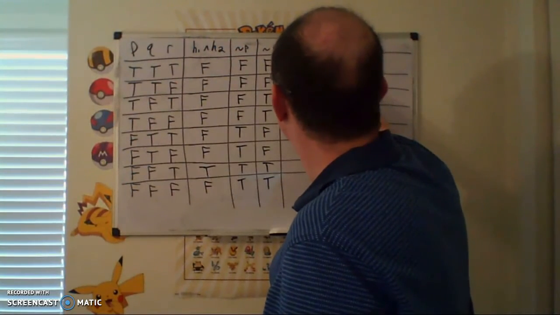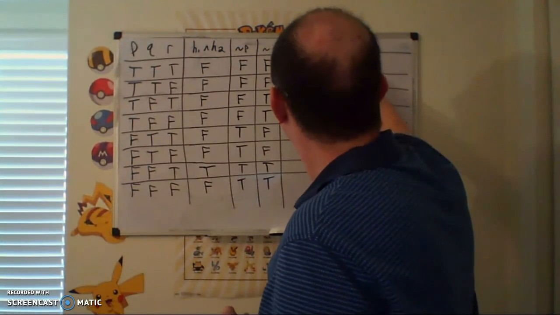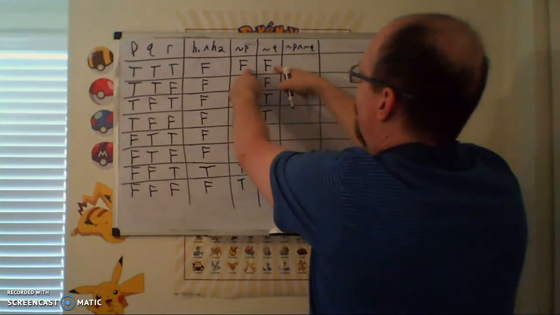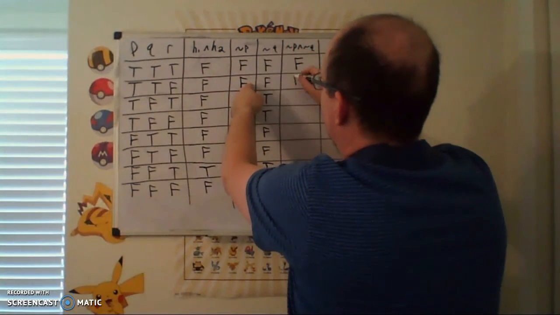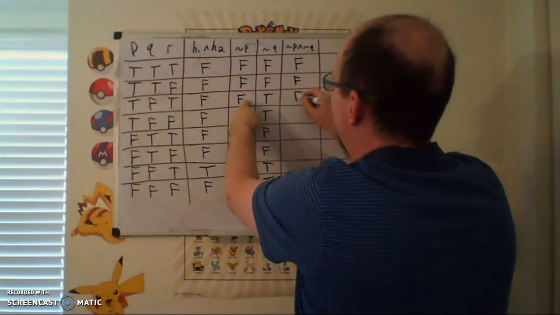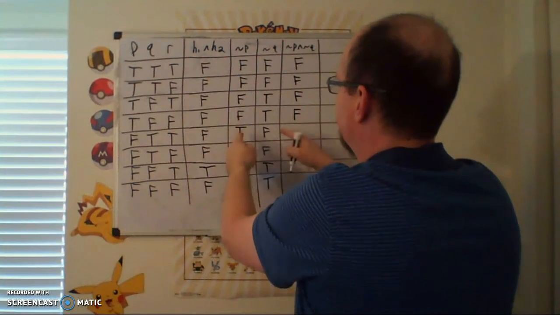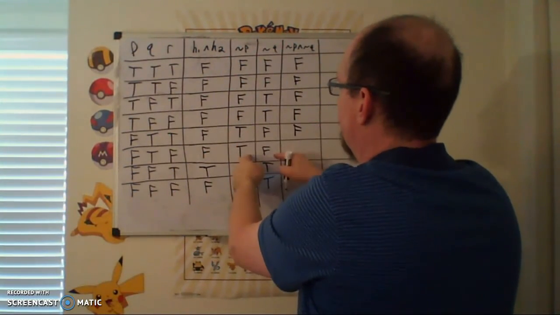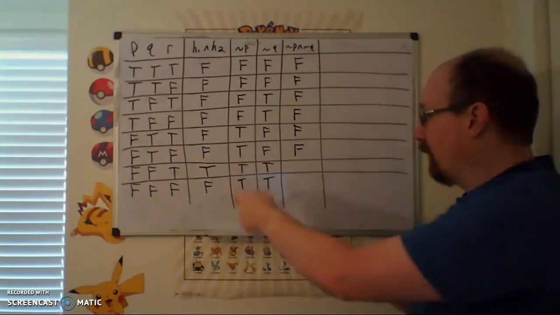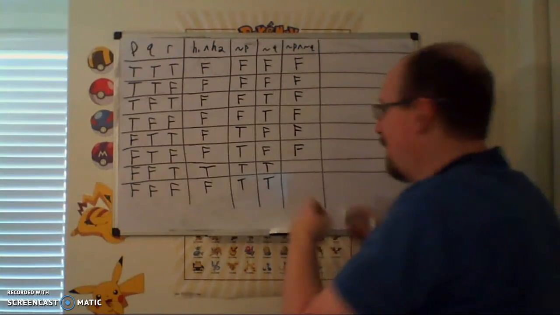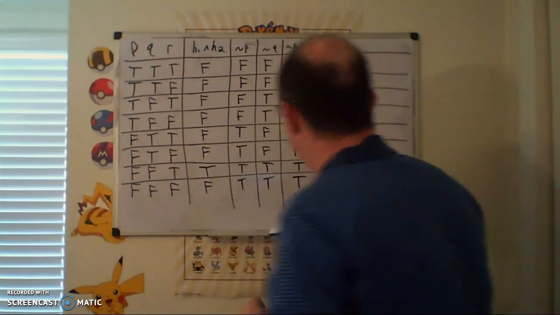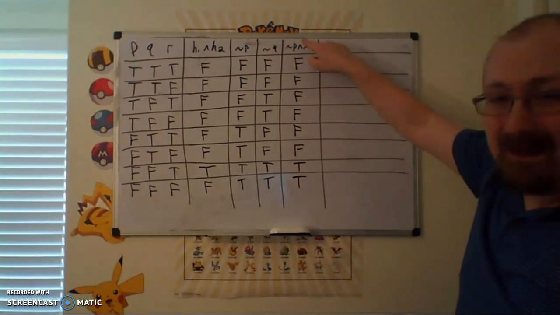That's my conclusion. False and false, false. Same thing. False and true, so false. I need a pair of trues. The only time I have true and true is these two guys here at the bottom. Okay, so that's my conclusion.